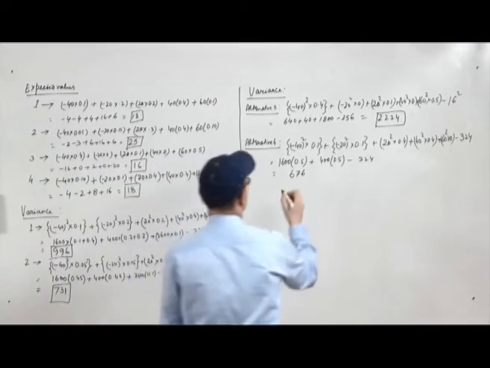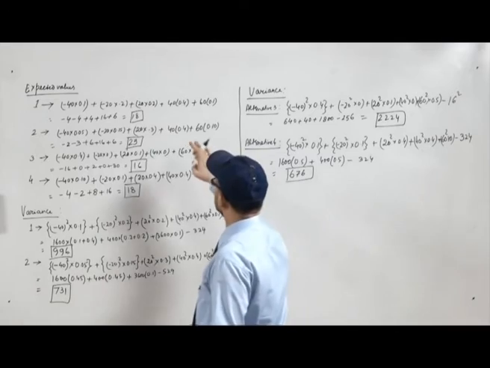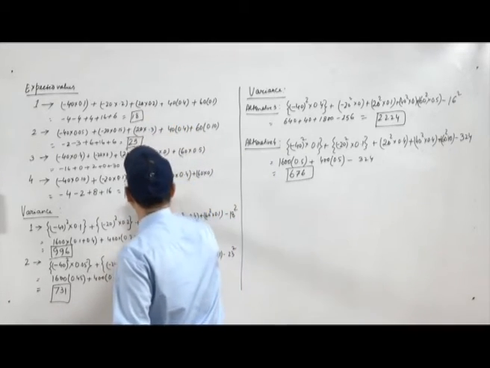So, what we see is that the expected values are coming as 18, 23, 16 and 18.